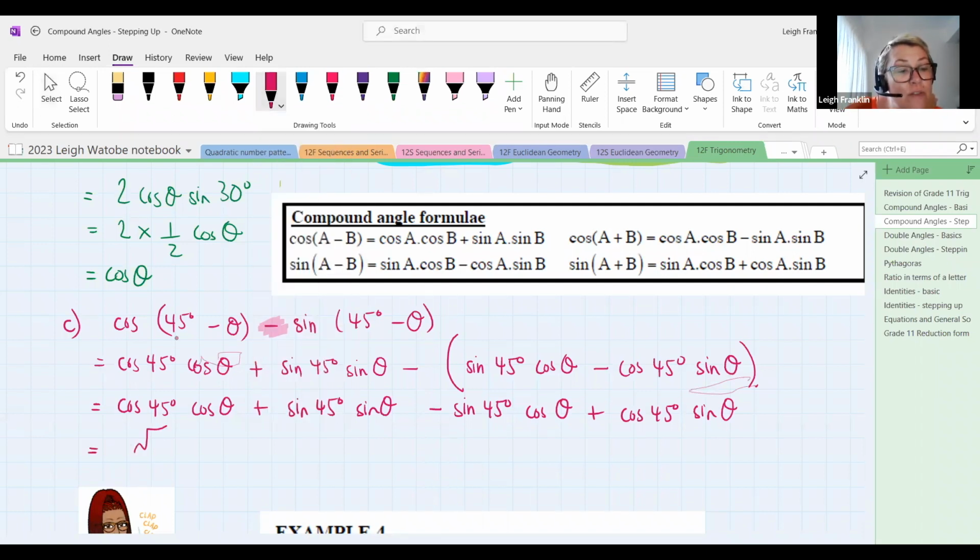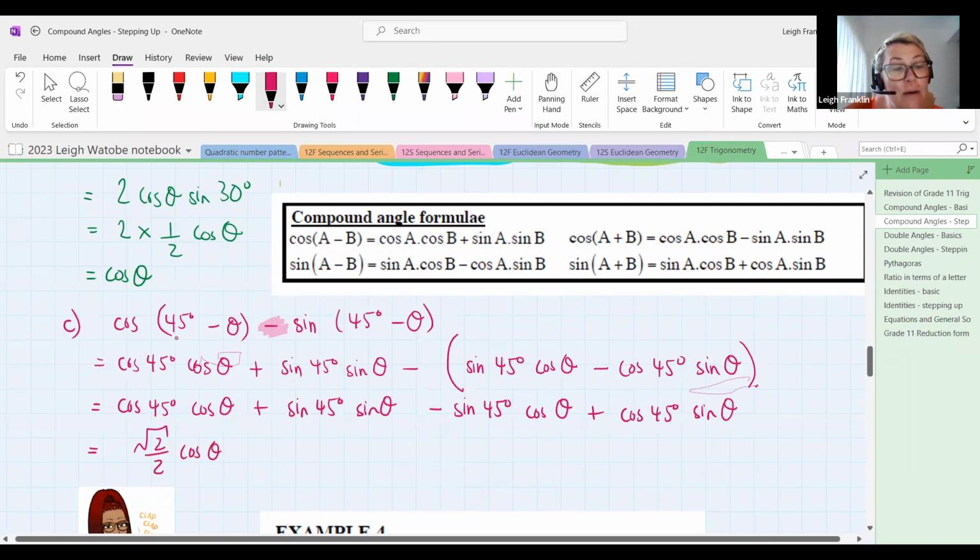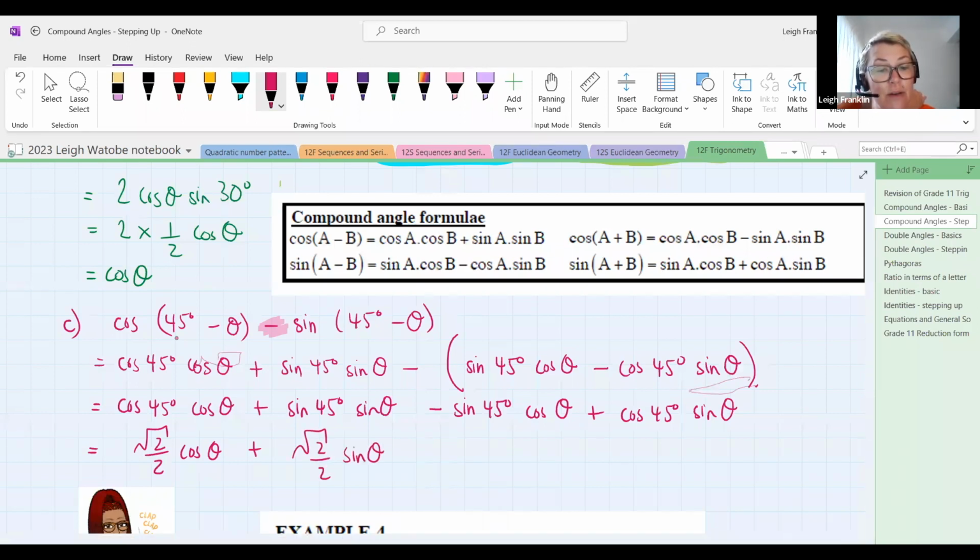This gives us root 2 over 2 cos theta plus root 2 over 2 sine theta minus root 2 over 2 cos theta plus root 2 over 2 sine theta.